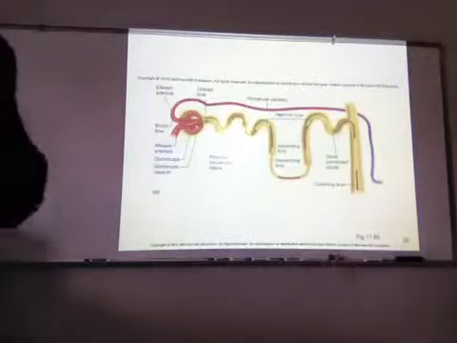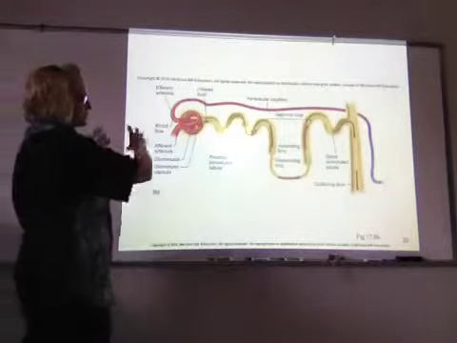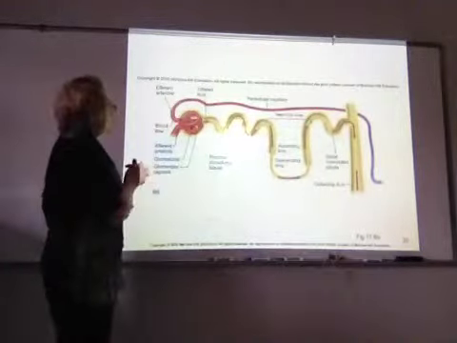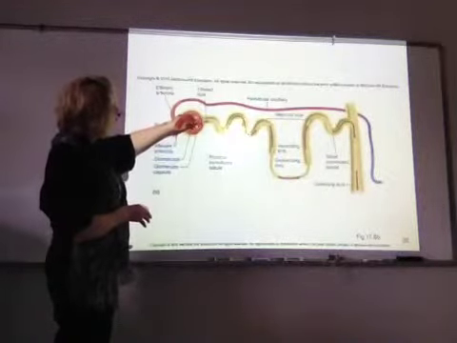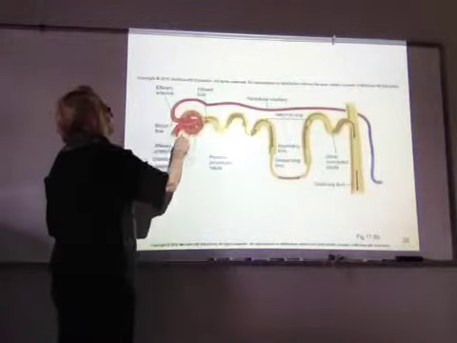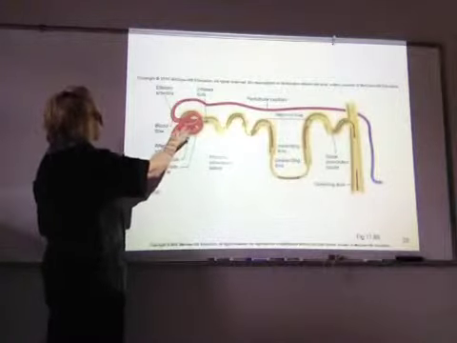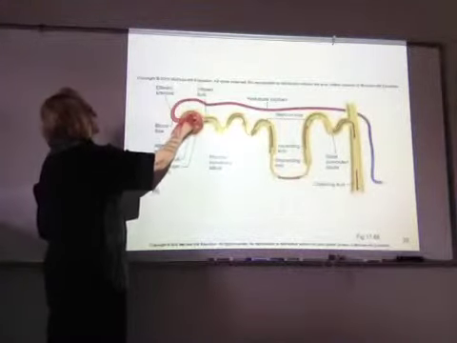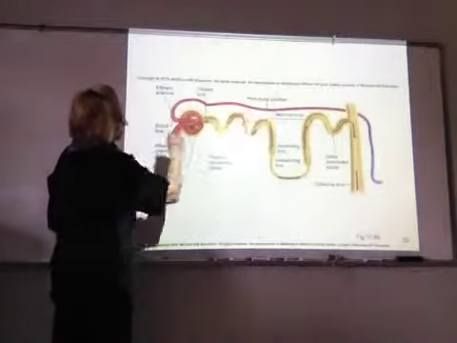Here, what we've done is spread these loops out so it doesn't look quite so twisted. My nephron is inside of here. The glomerulus is what surrounds it. Here's the capsule that encloses it. Afferent blood comes in. Efferent is going to lead out and be carried away.